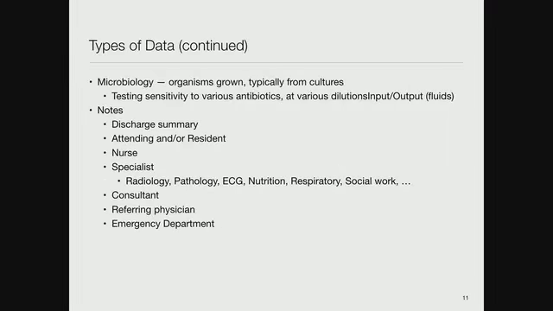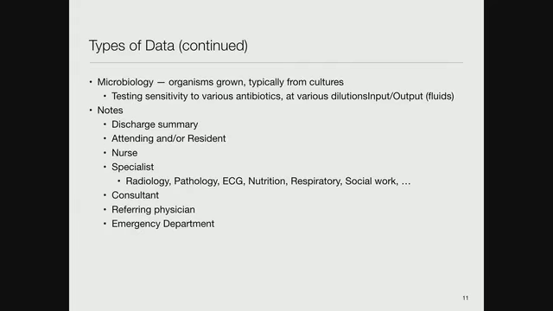Okay, microbiology. Ever since Pasteur, we know that organisms cause disease, so we're quite interested in knowing what organisms are growing inside your body. And typically, testing is not only to identify the organism, but also to figure out which antibiotics it's sensitive to and insensitive to.